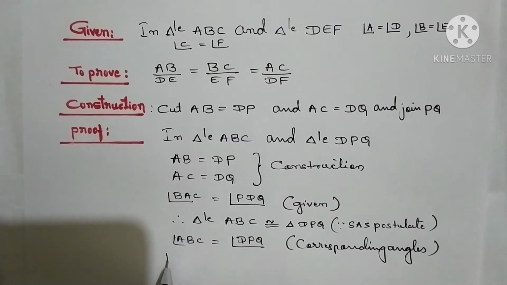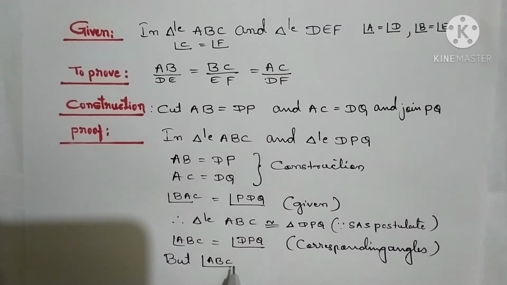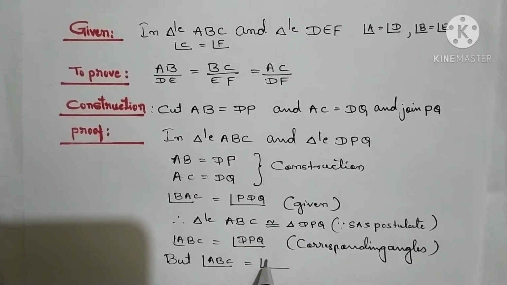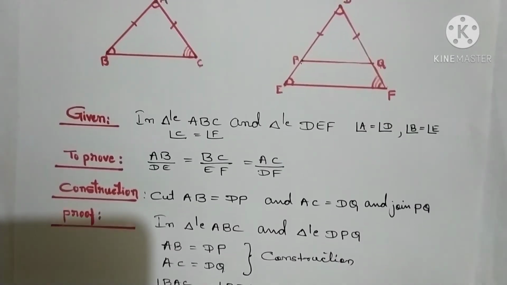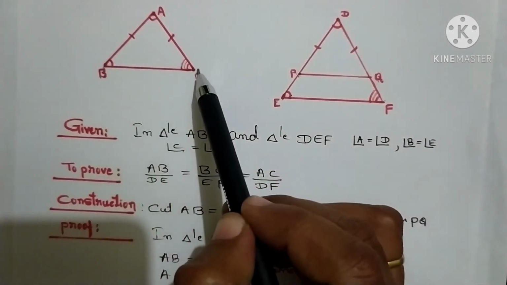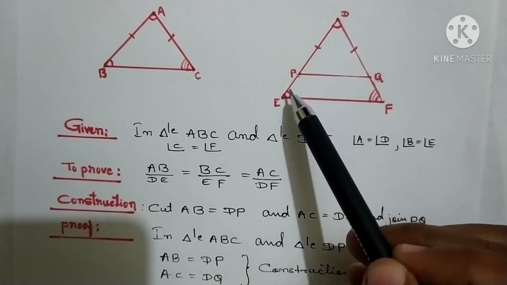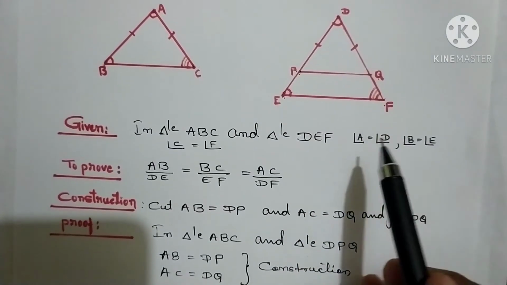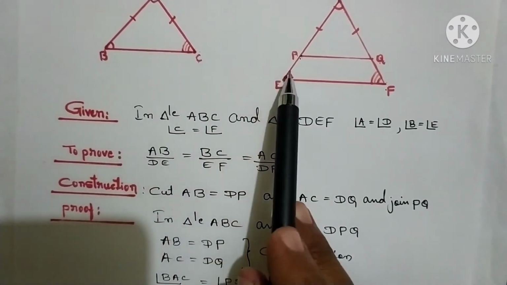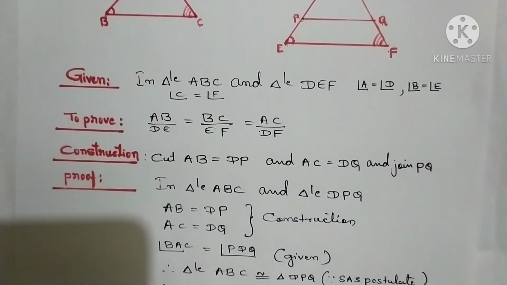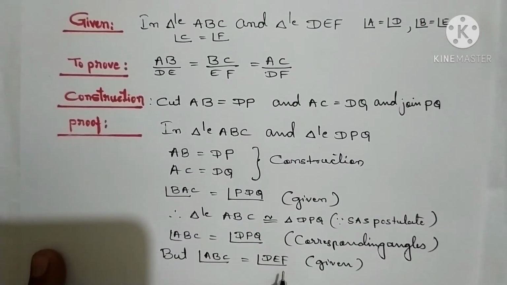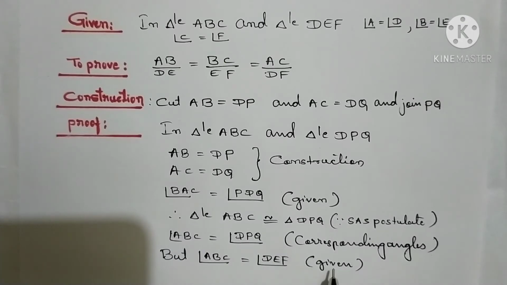But angle ABC is equal to angle DEF, this is given. Now you see in this figure, angle B is equal to angle E, that is given here. So we should write here, but angle ABC is equal to angle DEF.